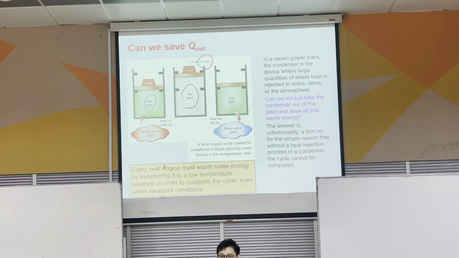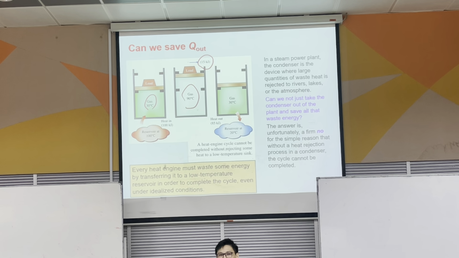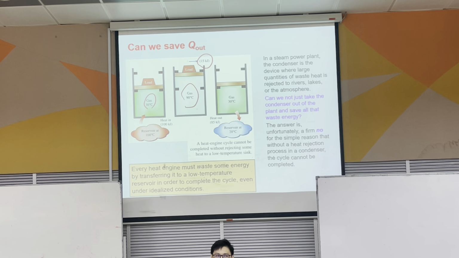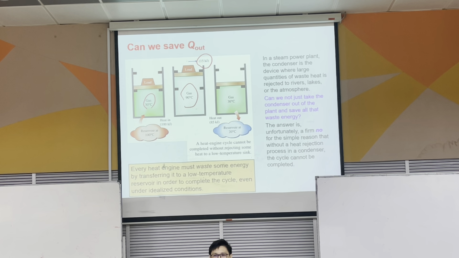But let's say you don't cool down this process, meaning you don't reject the heat that the gas has gained. This process cannot continue because it will just keep getting hotter and hotter. Then it doesn't make sense anymore. It's not sustainable. For a one-time thing, it makes sense, but the energy will still remain in this gas.